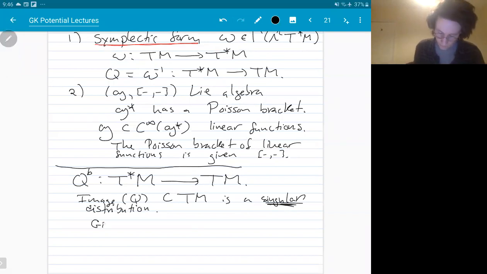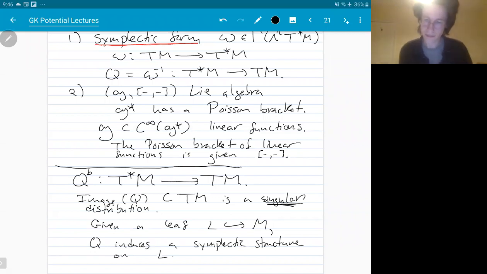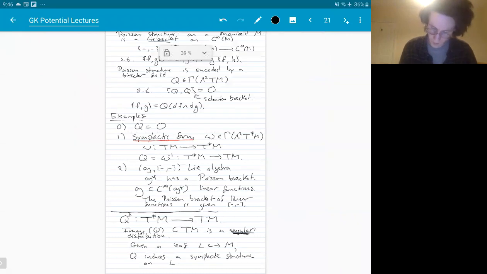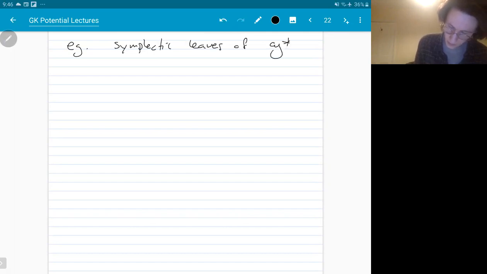Given a leaf L inside of M in this distribution, Q induces a symplectic structure on the leaf. That's why the leaves are usually called symplectic leaves. A nice example of this is that the symplectic leaves of the dual of a Lie algebra are the coadjoint orbits.